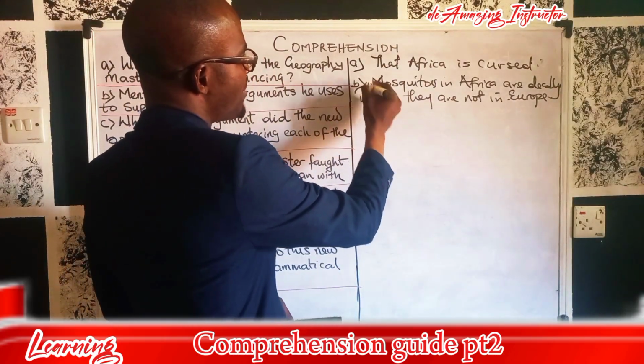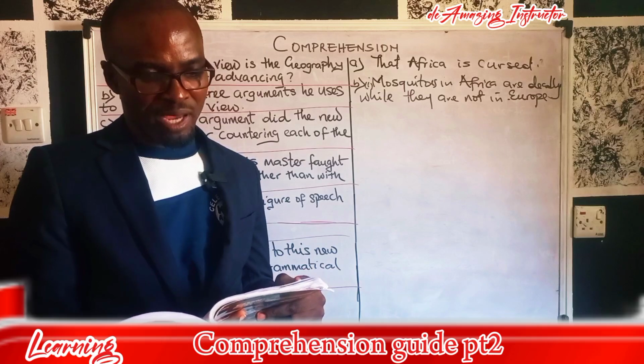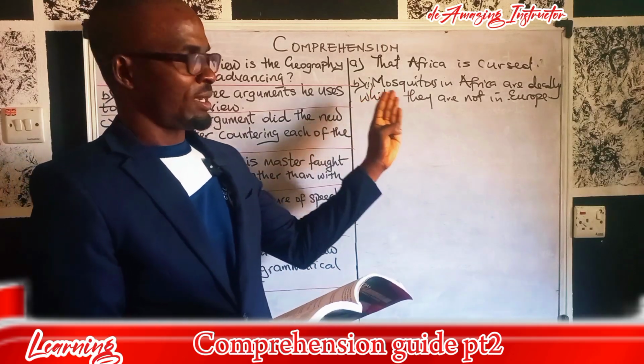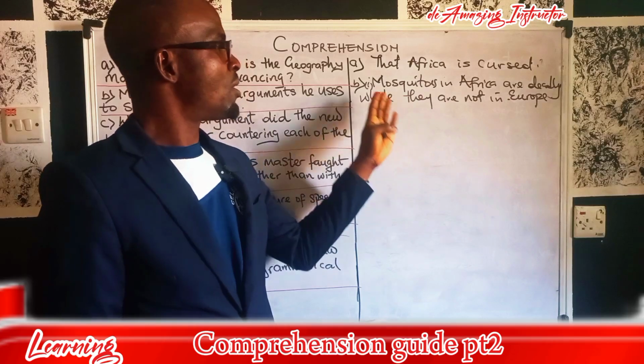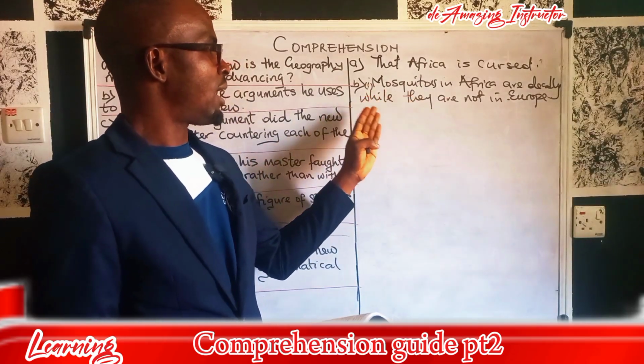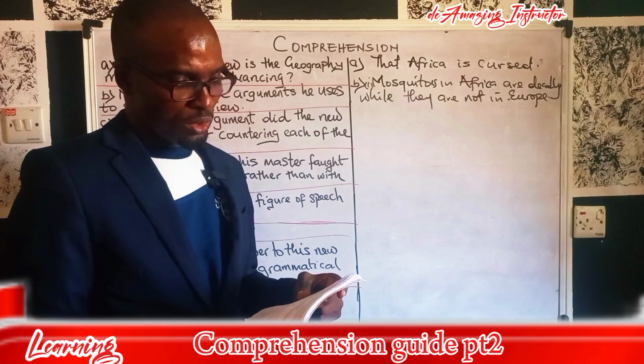That's number one. Remember, you are asked to mention three arguments. Arguments, most times, appear in form of comparison. Take note. So mosquitoes in Africa are deadly while they are not in Europe.